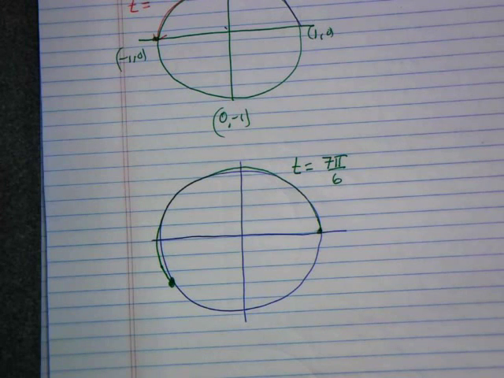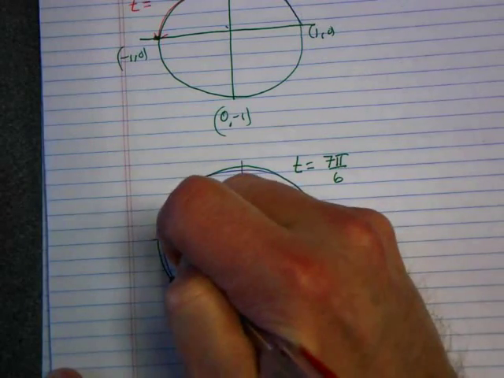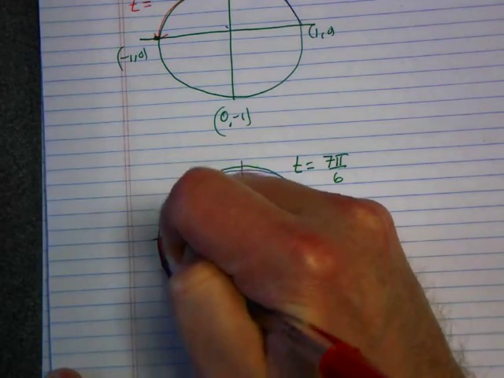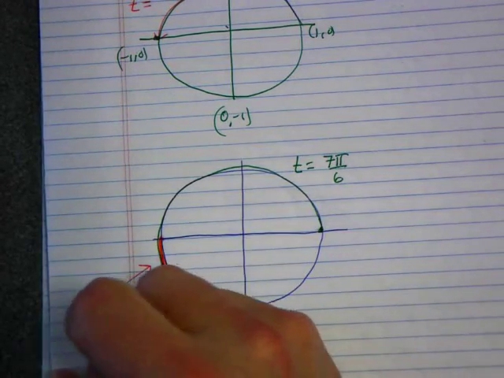In this picture, where's my reference number? Now 7 pi over 6 is the original arc length. What would the reference number be? Not pi. Has something to do with pi, though. That minus pi. So to find the reference number, we always go from our point to the closest spot on the x-axis. So this is our reference value right here.